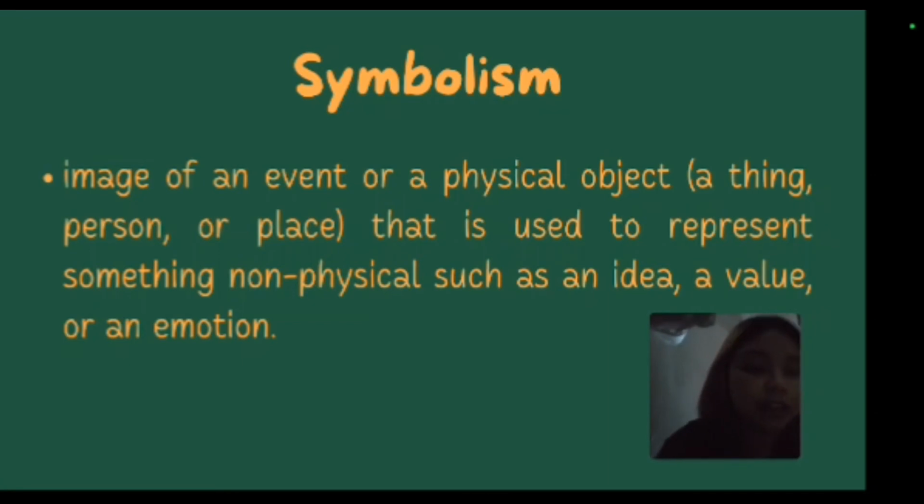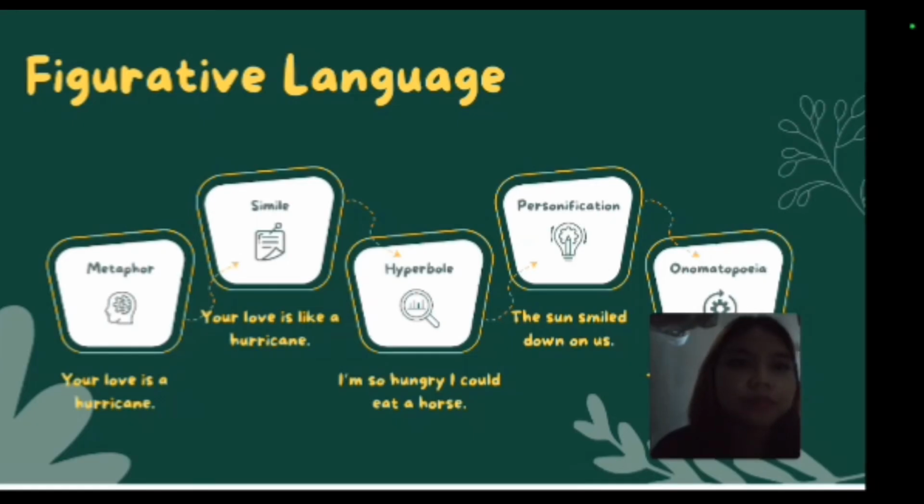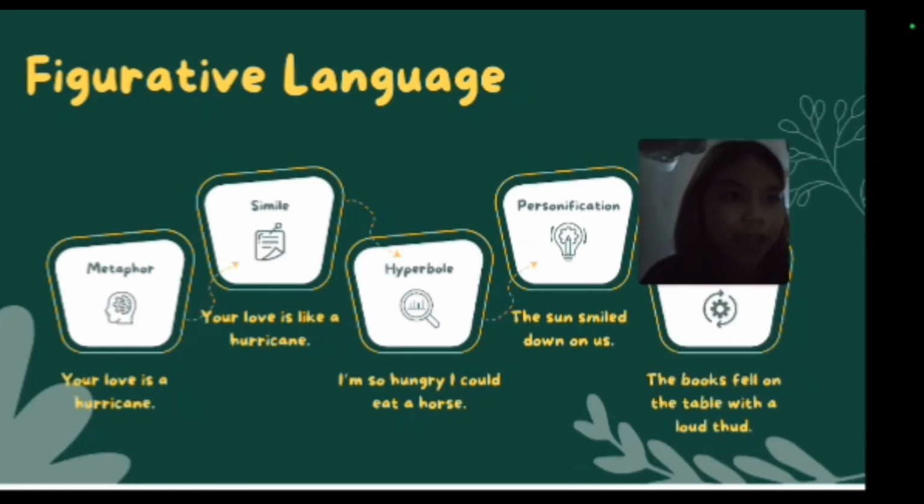It's very understandable. It's an image of an event or physical object, a thing, a person, or a place representing a non-physical idea, value, or emotion. Okay. Next is figurative language.